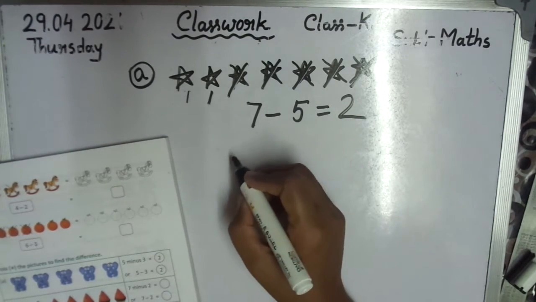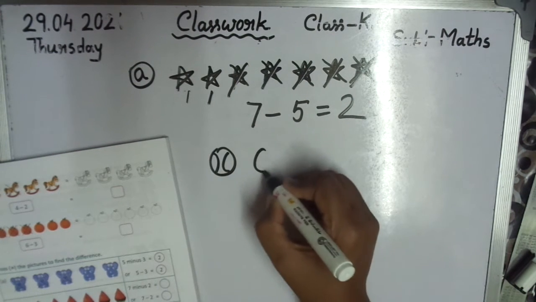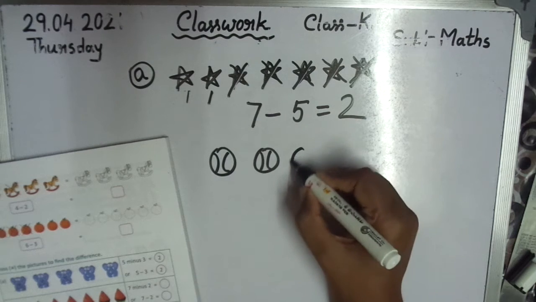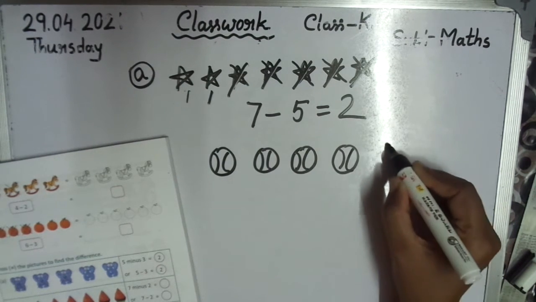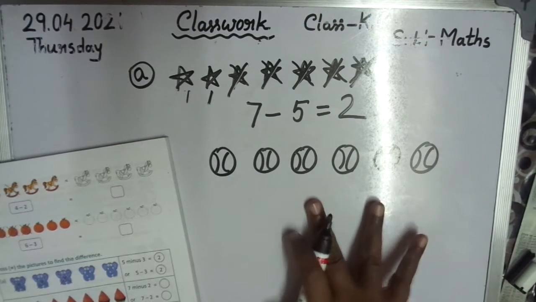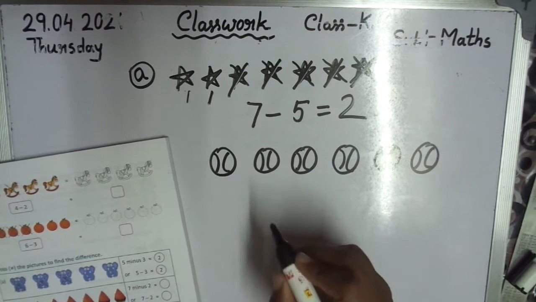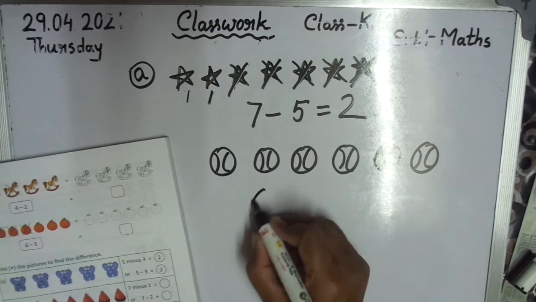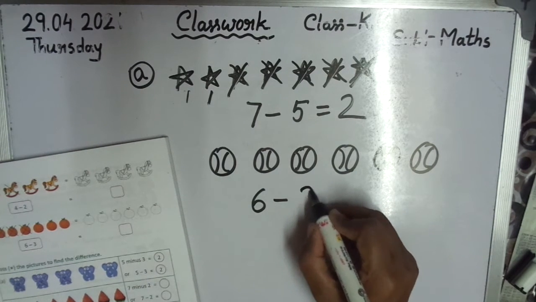Next, ball. 1, 2, 3, 4, 5, 6. 6 balls are here. Now my question is 6 minus 3.